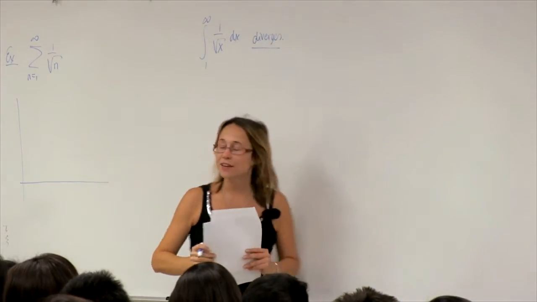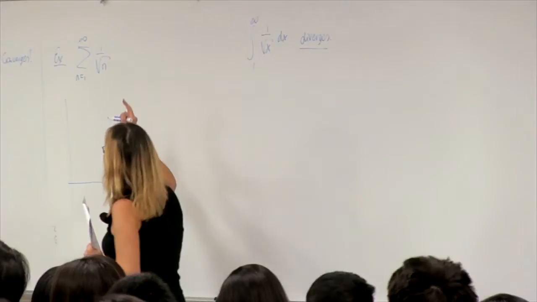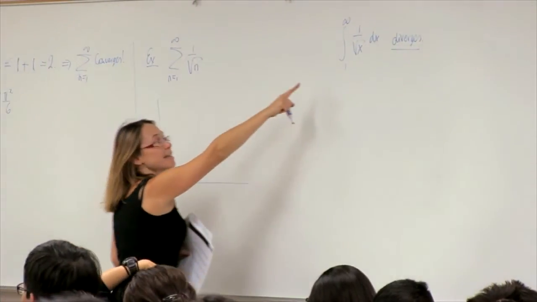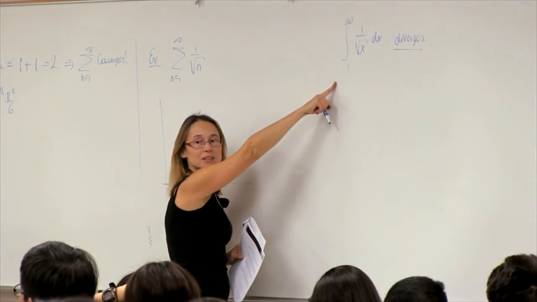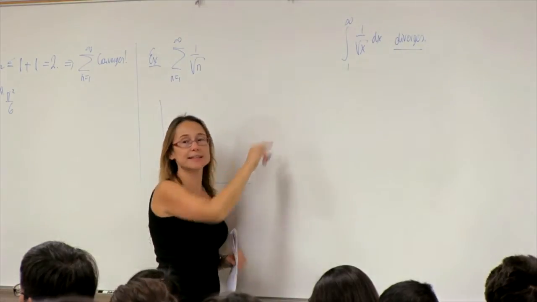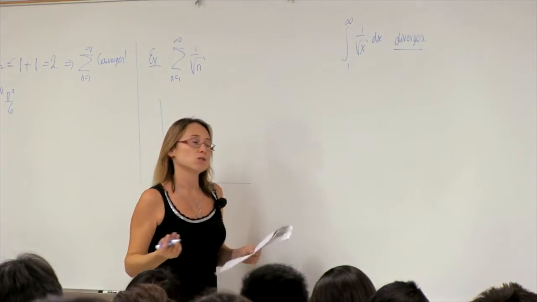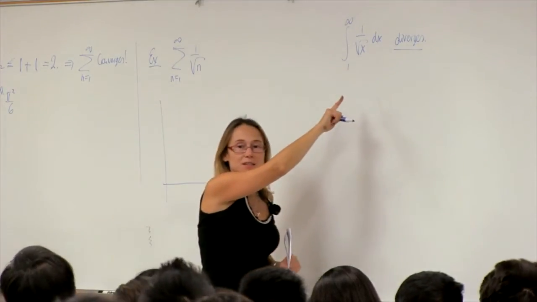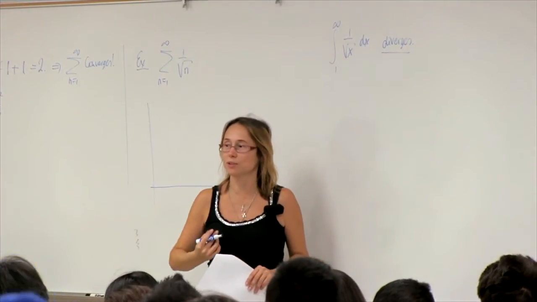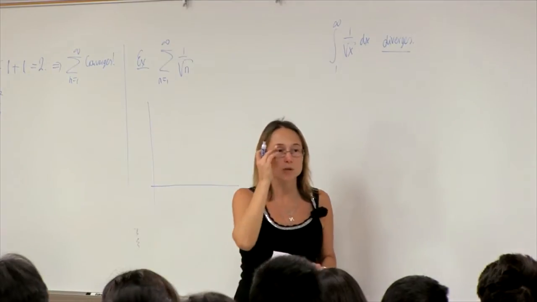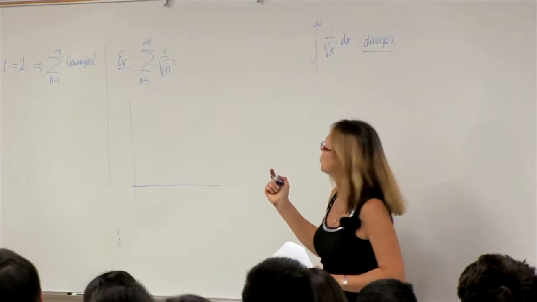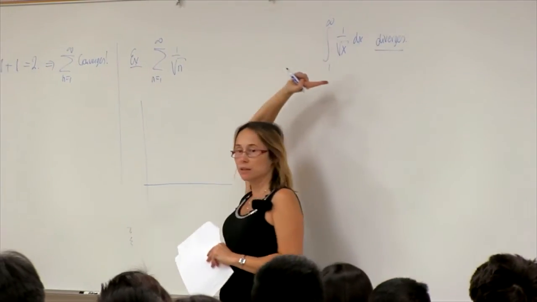So if I show that this is less than this, that would tell me absolutely nothing. It would tell me that it's less than infinity, and I don't know if it's a finite number or an infinite number. So perhaps it's bigger than this, in which case I would be able to conclude that it diverges too, right? So let's try to arrange our picture in such a way that this is bigger than this.